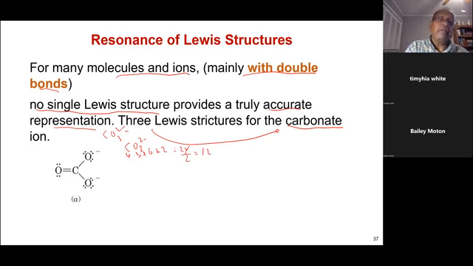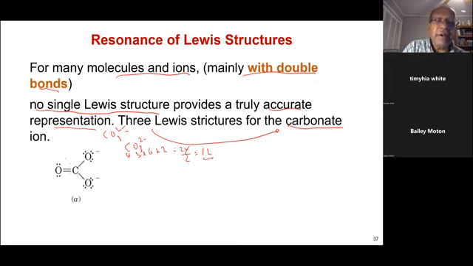If you count, that's 24 electrons, 12 electron pairs. But this one is problematic.